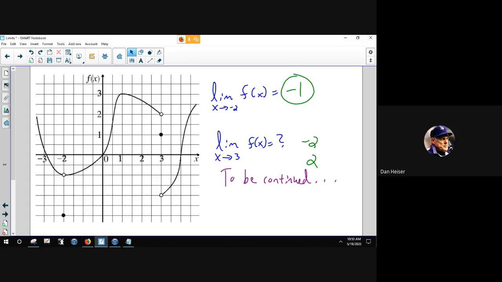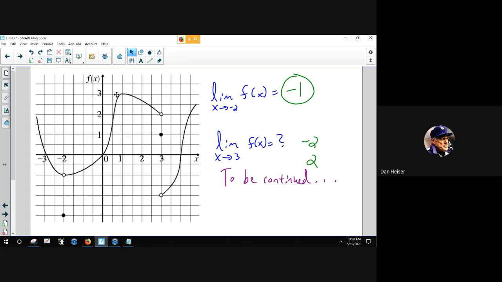Here's where we left off, with a nice little cliffhanger to be continued. The limit of the function as x approaches 3. We got two different answers depending on where we were coming from. Coming from this side, as x gets closer and closer to 3, y was getting closer and closer to -2.